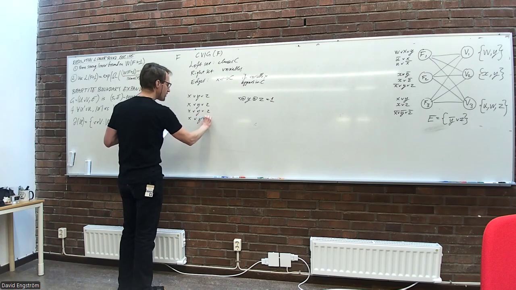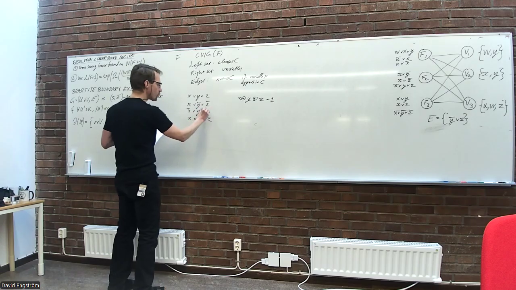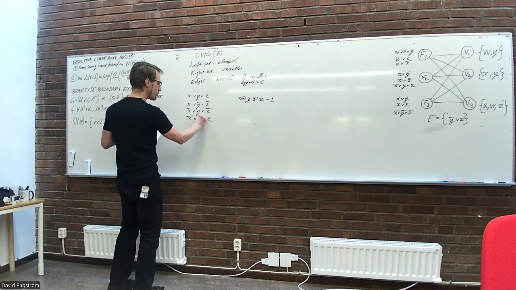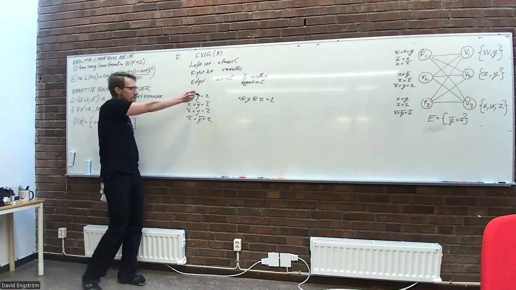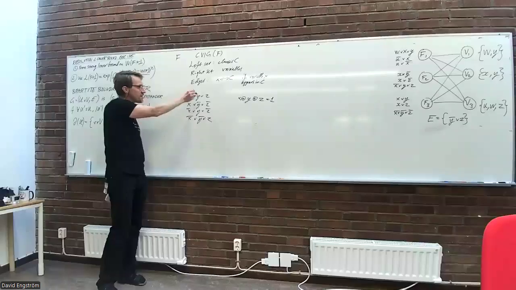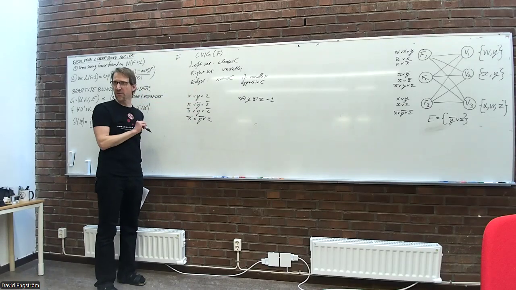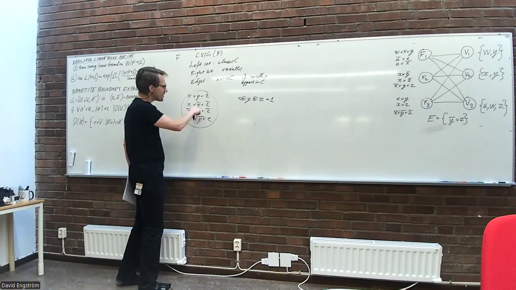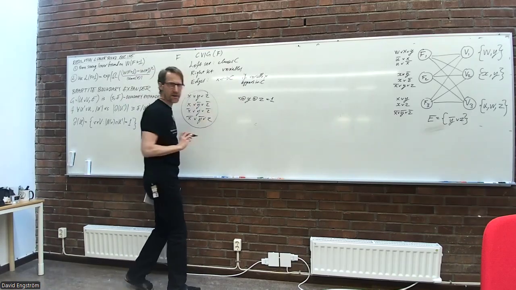It's going to be the clauses x or y or z, x or not y or not z, not x or y or not z, not x or not y or z. I think I got it right. And the problem is that in the clause variable incidence graph, these are going to be 4 different vertices with exactly the same neighbors on the right. That just seems wrong. So I would like to say, no, these are not 4 clauses, this is one parity constraint.